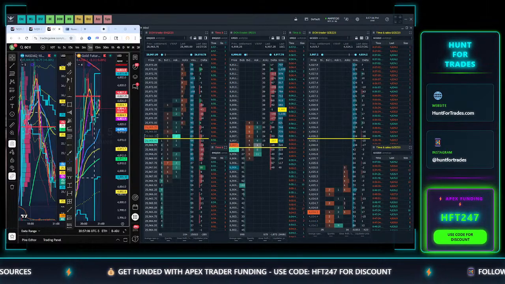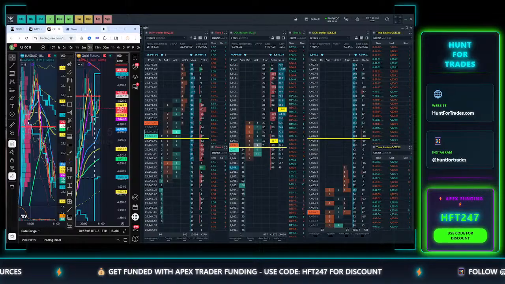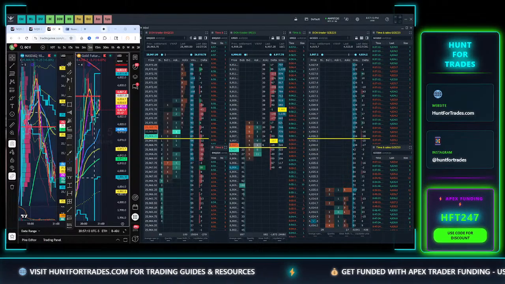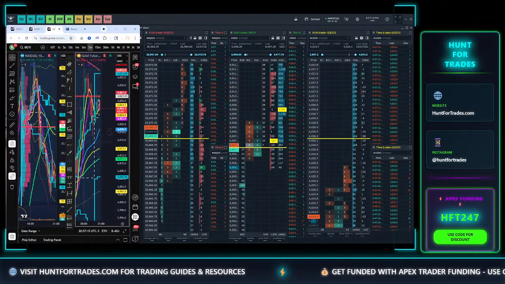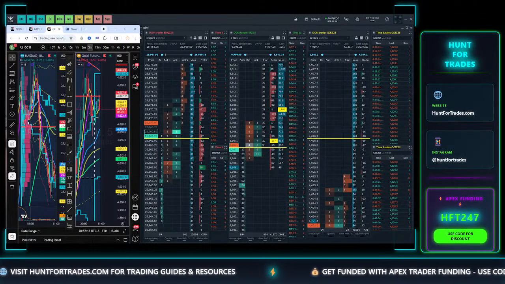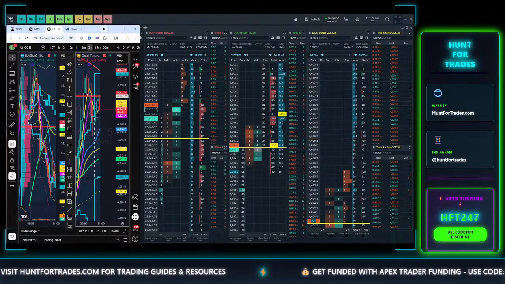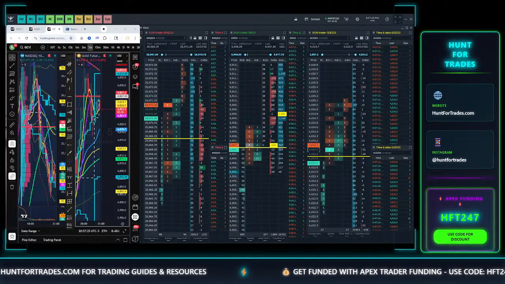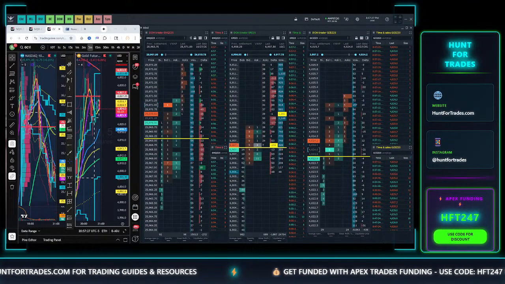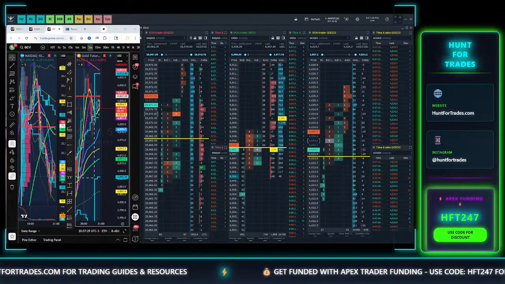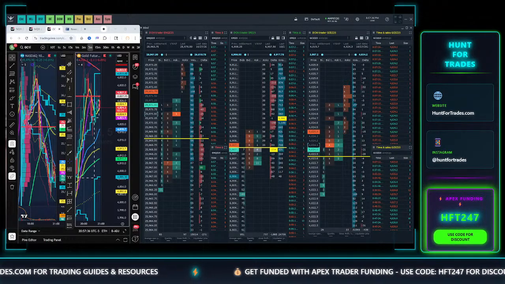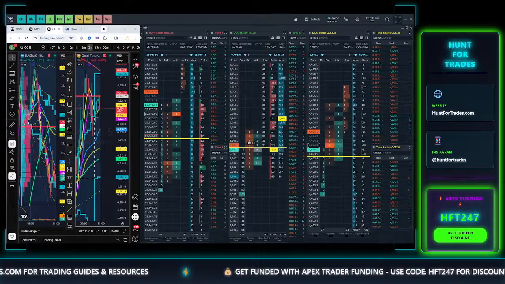Don't go in there thinking you're going to make it do anything, because you're not. Your order isn't going to make it do anything. So you've got to go in here and play smart, at smart times, smart levels. Pick your levels, pick a stop, some kind of level that qualifies as a stop or invalidation point, and then take those trades. That's the name of the game, rinse and repeat.